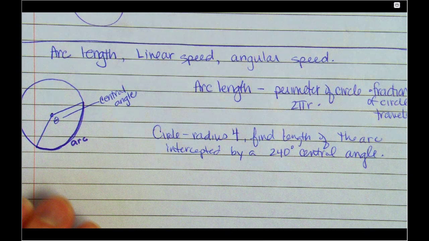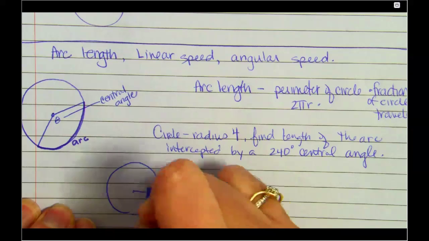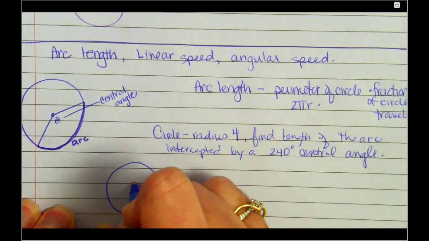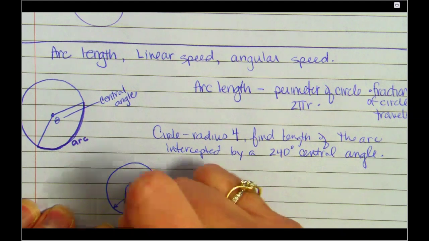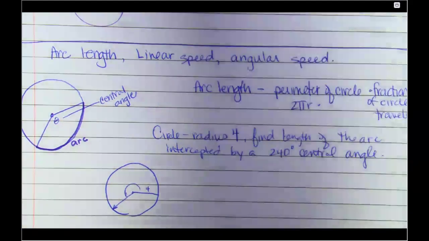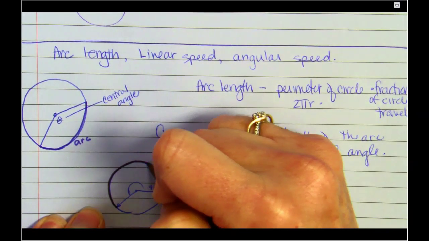If I was going to draw you a picture, the radius would be 4, and the central angle would be 240 degrees, somewhere in there. We are looking for the length of this section of the circumference.